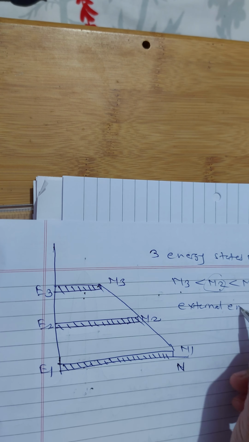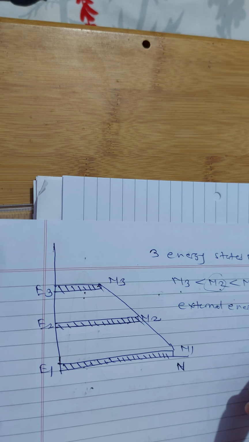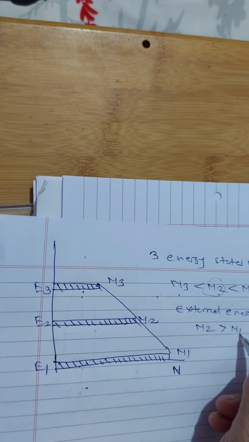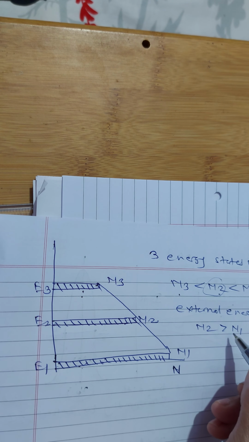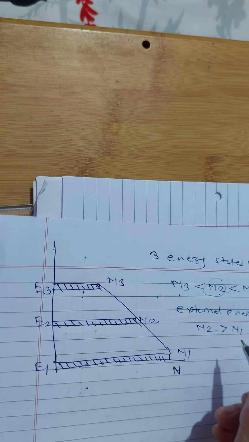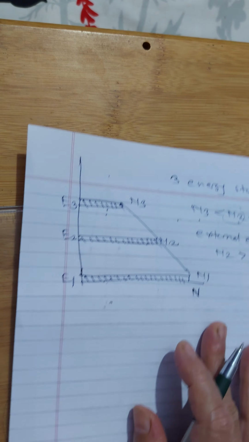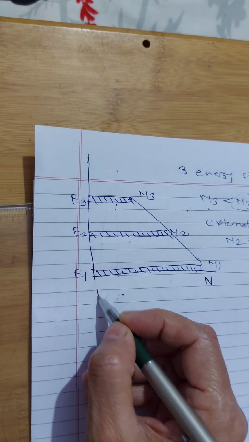We have to supply external energy such that N2 exceeds N1. Then the system reaches population inversion, and the population inversion takes place between E2 and E1. So how can we show that?